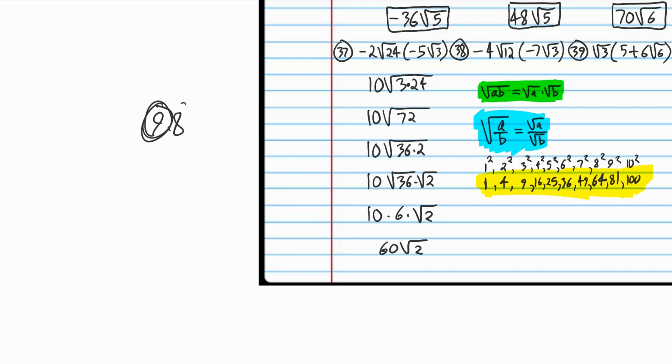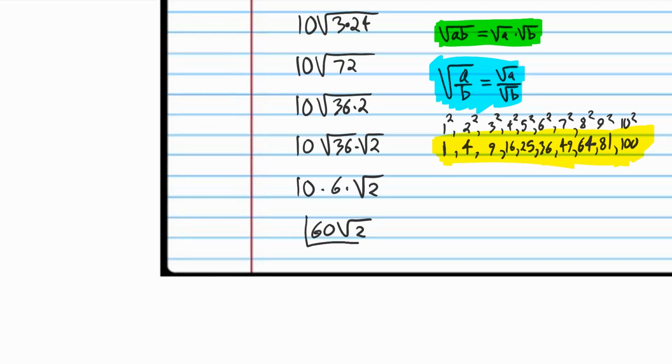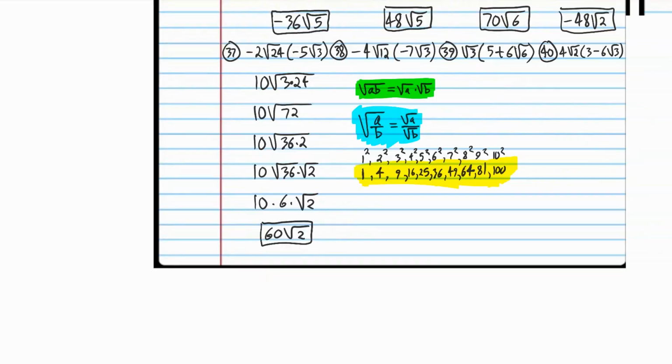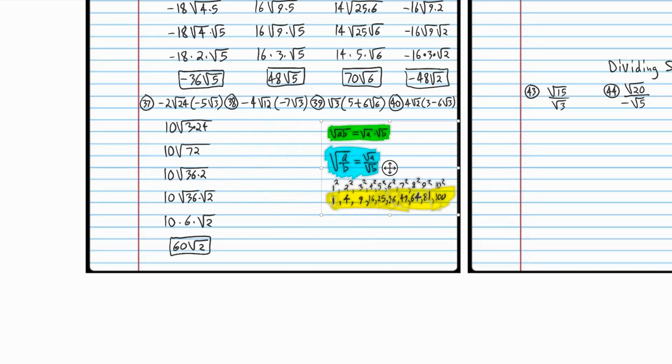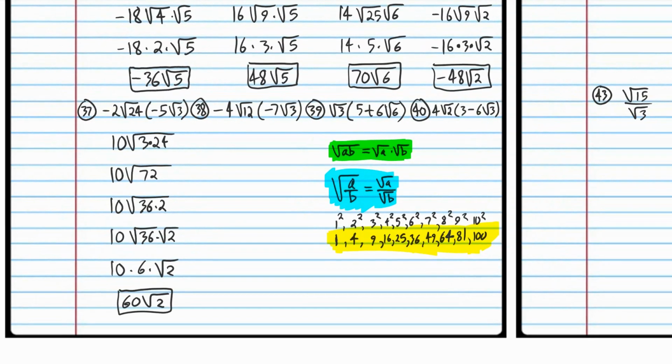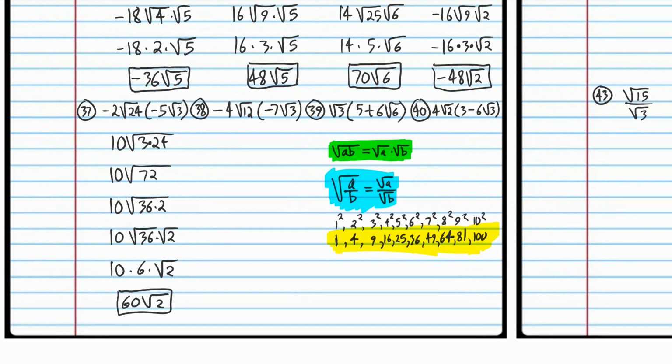The problem is the other factor contains a perfect square as a factor, which means you're going to have to factor out a perfect square twice. I know that's a lot of stuff to explain, but the most important thing is that you know how to do the problems. You don't have to give it some elaborate explanation. So if you got 60 root 2, good job. So now let's try 38. And when you come back, we'll do it together.